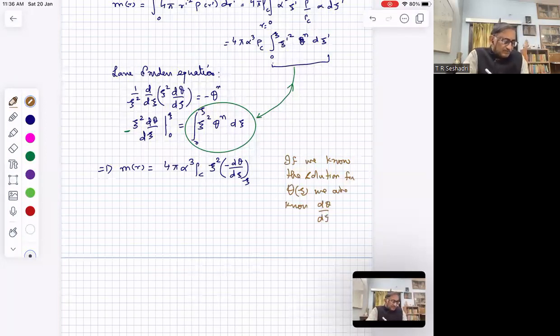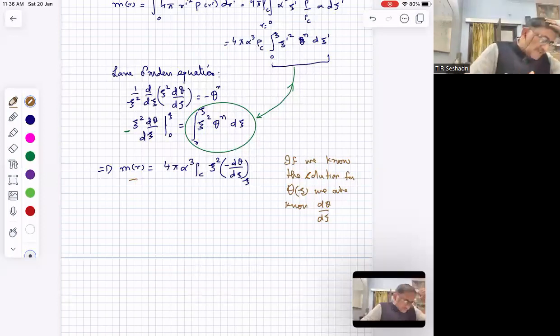Now here there's an interesting thing: this side is positive. So this negative sign means d theta by d xi has to be negative, which shows that as we go towards the outer region, the density of the star decreases. In general, and for n equal to 1 of course, it will be rather the pressure keeps decreasing. All right?